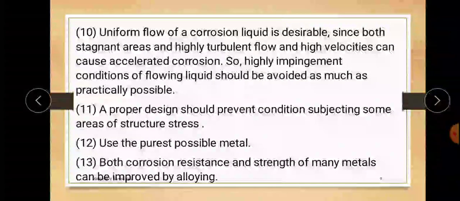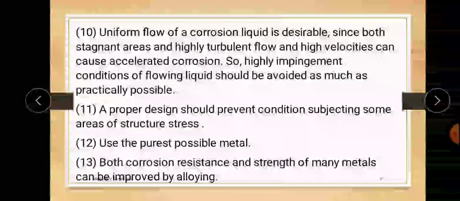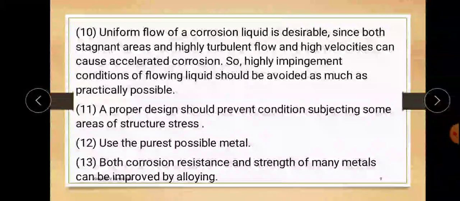Next point, use the purest possible metal. The noble metals are more immune to corrosion, but they cannot be used for general purposes. For example, gold and silver are not easily corroded, but economically it is not possible to use gold, platinum or such noble metals everywhere. Hence the next choice is to use the purest possible metal.